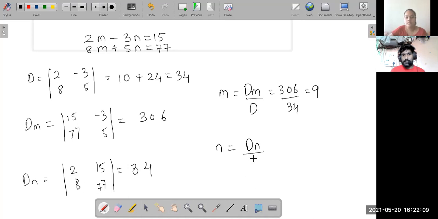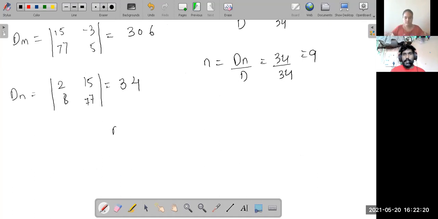And n is Dn upon D, which is 34 upon 34, which is 1. So the values of m and n you got. So m is 9 and n is 1.